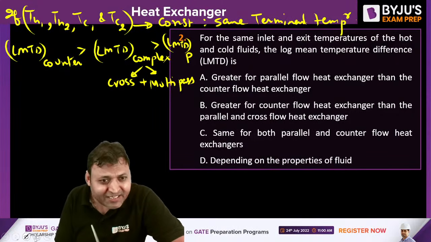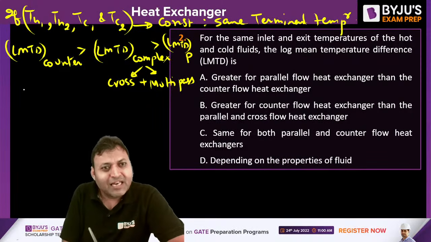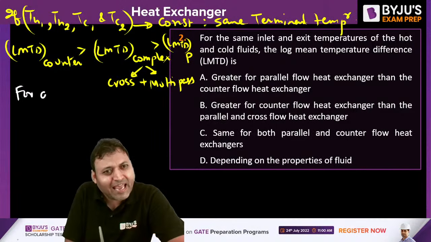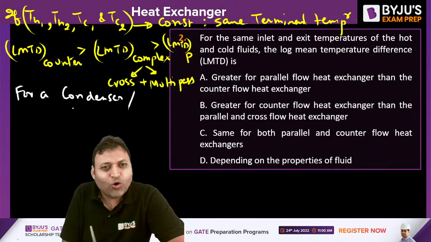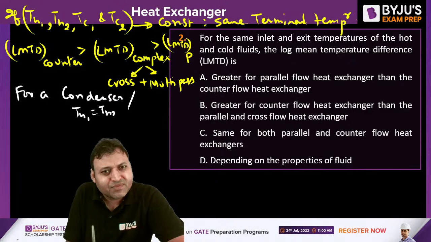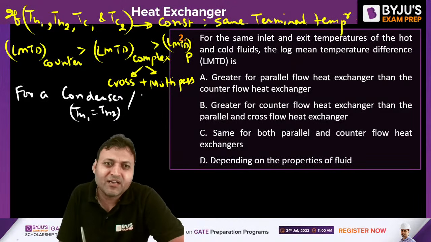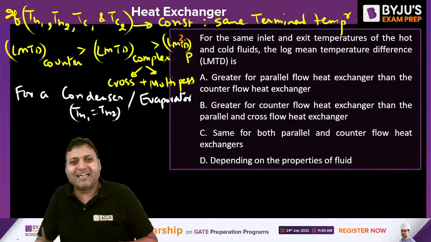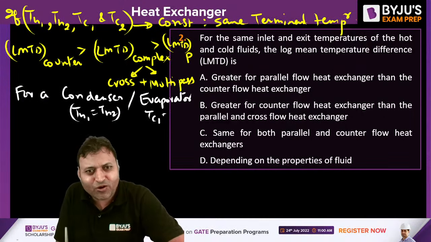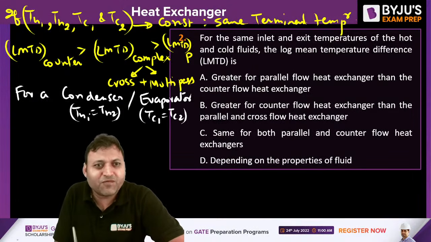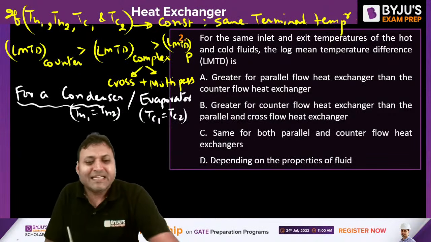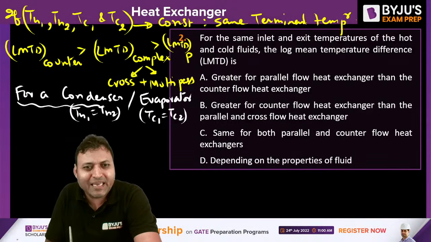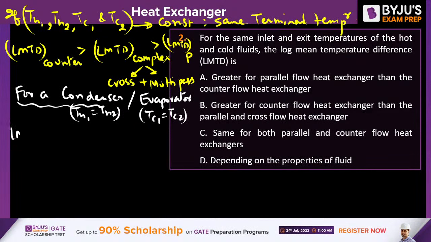But if there is a phase change, as in a condenser or evaporator, what is a condenser? When the hot fluid is undergoing a phase change, the hot fluid temperature remains constant. And what is an evaporator? An evaporator is the heat exchanger where the cold fluid is undergoing a phase change. In case of an evaporator or a condenser, the relative direction of the flow is not important as far as the thermal performance is concerned.